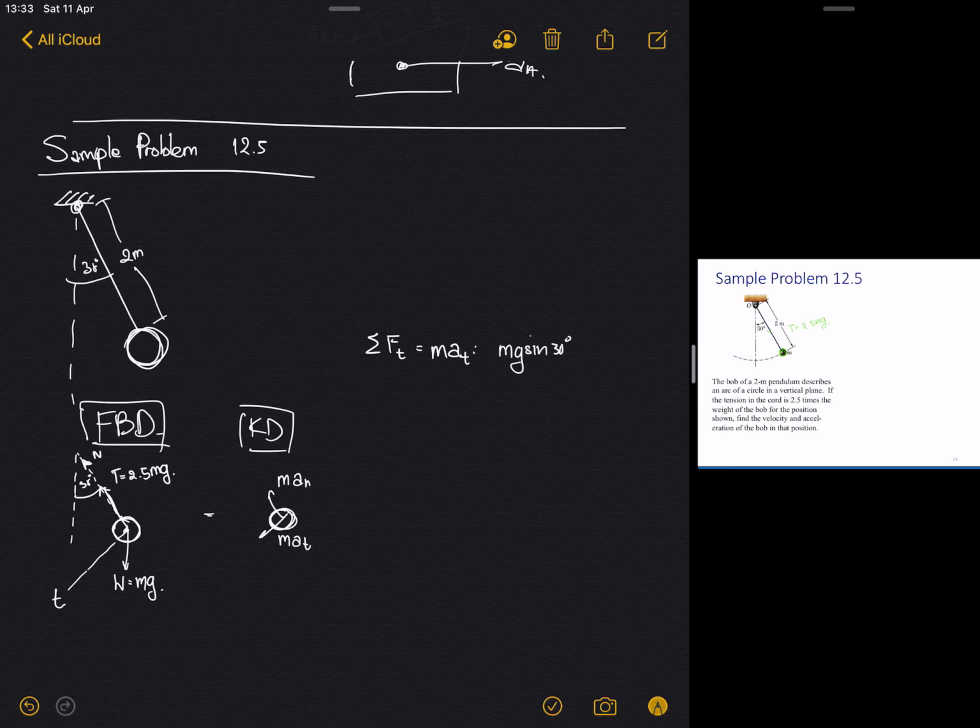As you can see, we have to project this. This is 30. Then you have to project this to this, and then okay, this one is equal to m at, and then at will equal to g sine 30.